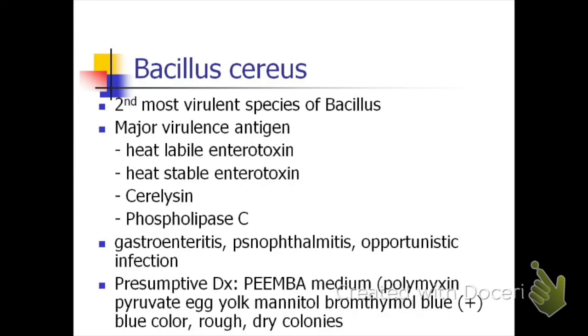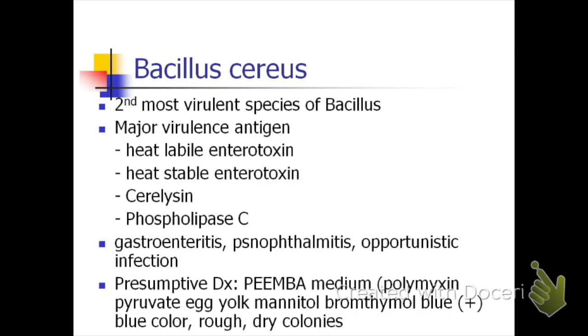Okay? So ito yung mga toxin that withstand high temperature. And then the other one is cereulide, and then the other one is phospholipase. So these are examples of virulence factors of Bacillus cereus.